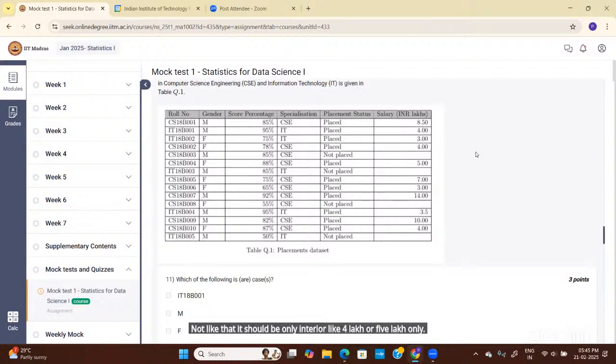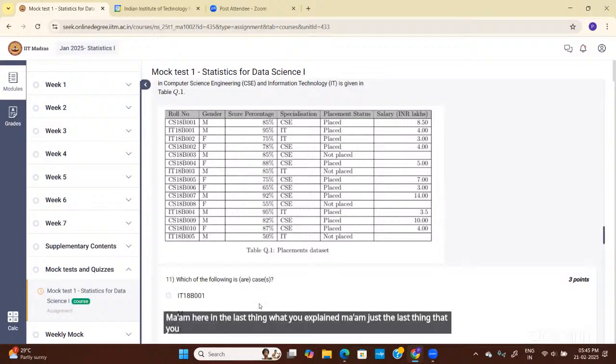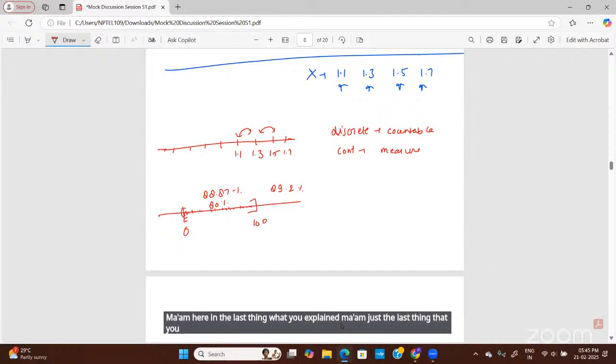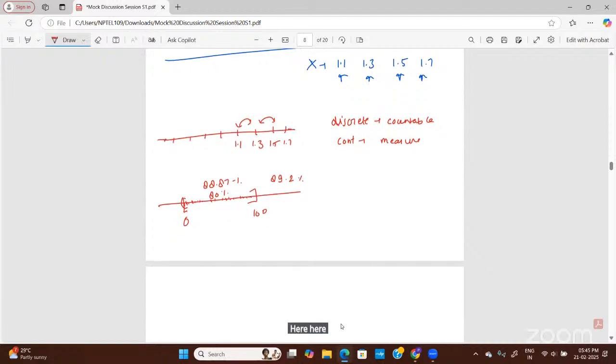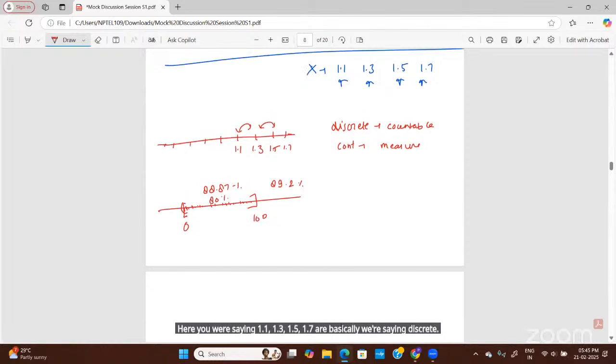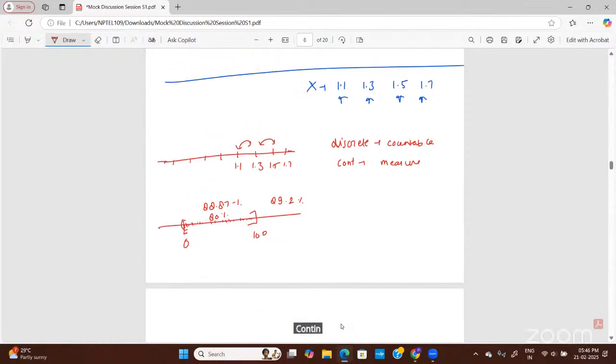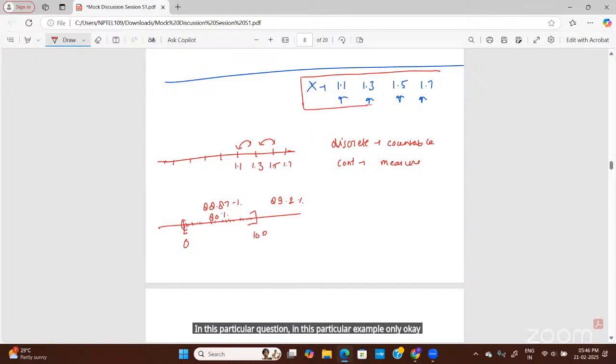Ma'am, can you explain the last thing you explained? Here you were saying 1.1, 1.3, 1.5, 1.7 are discrete because they can be plotted on this number line, in this particular example only, not in general.